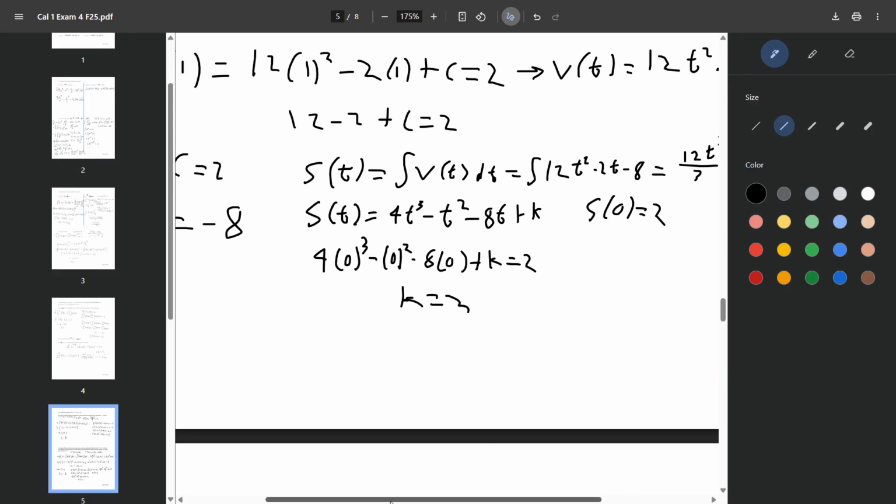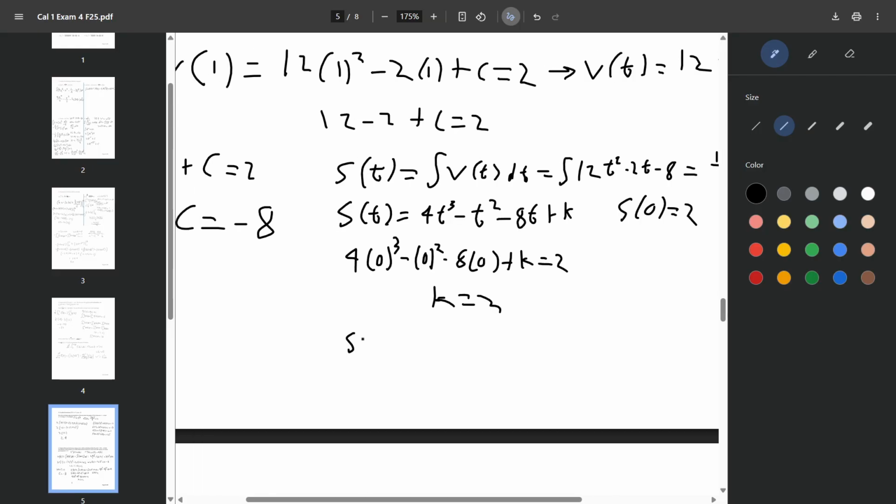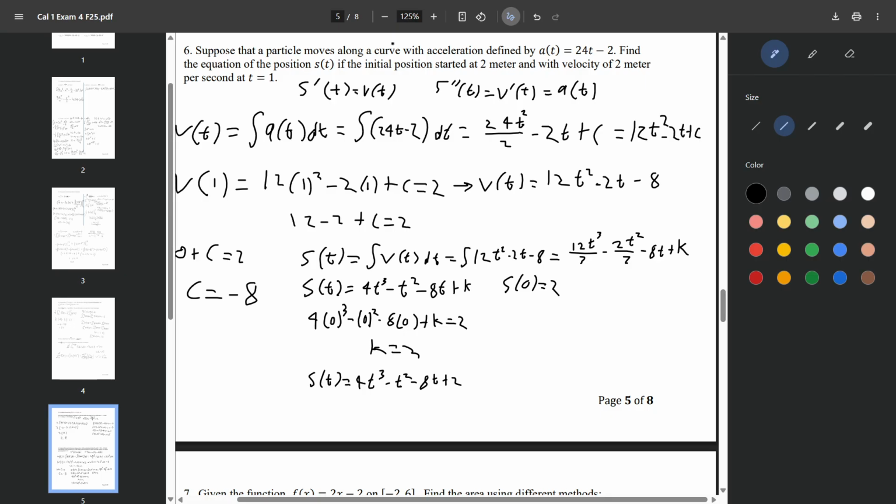And so our final answer is that s of t equals 4t to the third minus t squared minus 8t plus 2. And so that is all.